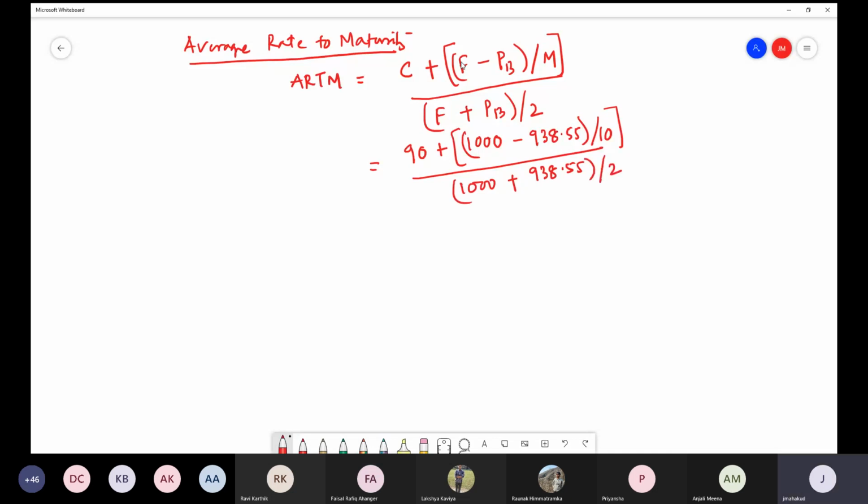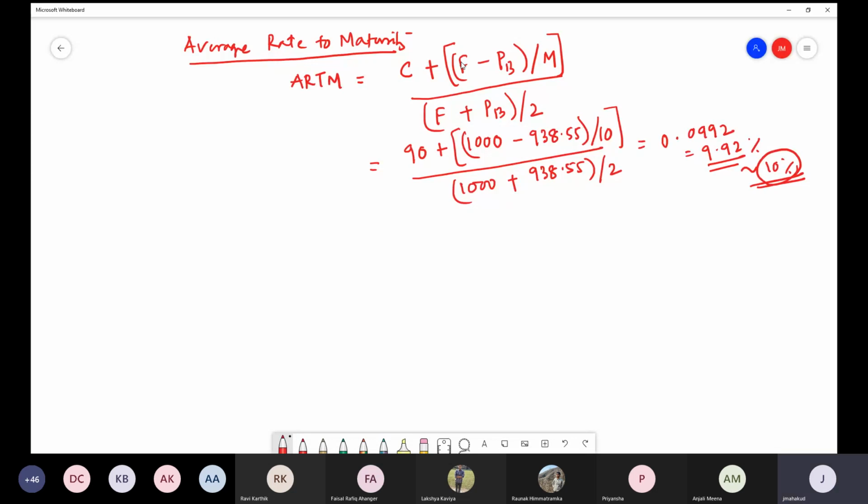And you will find it will be coming around 0.0992. That means 9.92%. This will be more or less very close to 10%. It is not exactly 10%, but it will be close to 10%.